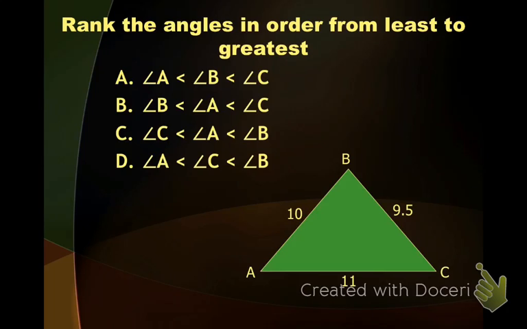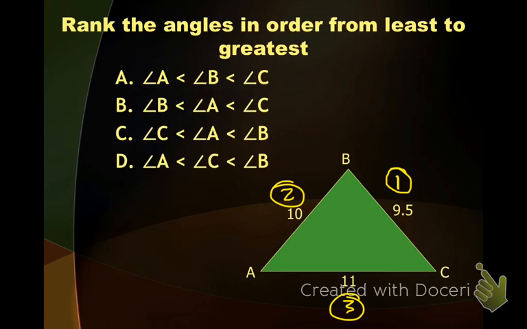So let's rank the angles of this triangle in order from the least angle to the greatest angle. We're going to look at the corresponding side lengths that go with the angle. So if we rank our side lengths in order from least to greatest, side BC is the shortest side length here at 9.5. Side AB is the second shortest side, and then obviously AC is the third shortest, or the longest side, at 11.